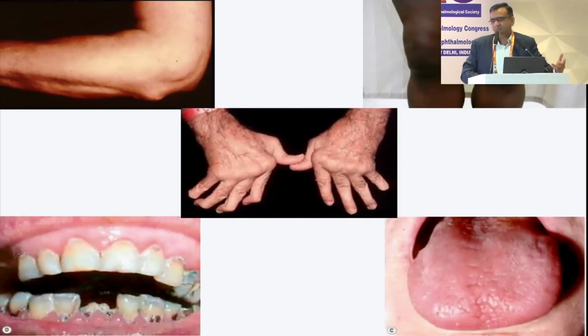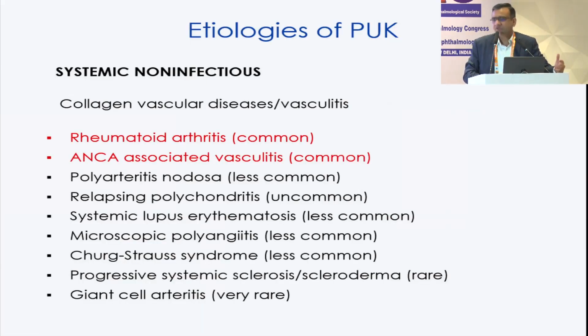These are the typical signs that you look for. You look at the joints, the skin, for nodules, the teeth, the salivary function, and you also ask if the patient has any visceral involvement. Why? Because we know that a lot of etiologies of peripheral ulcerative keratitis have systemic correlates, and the commonest that we see in our clinics is rheumatoid arthritis.